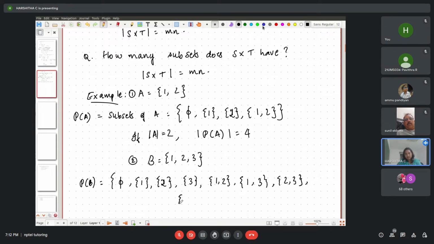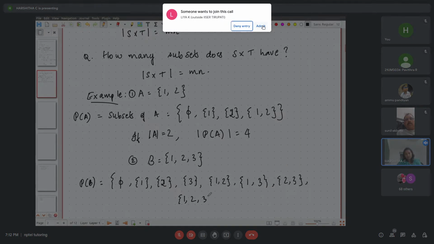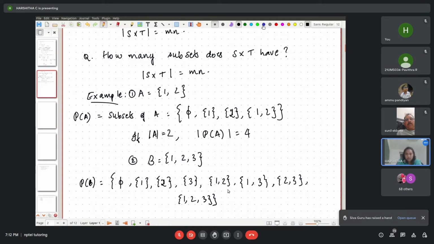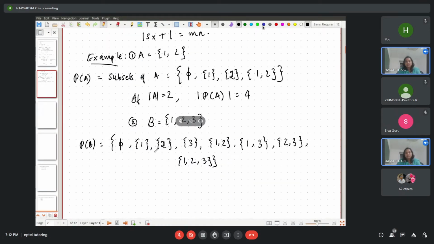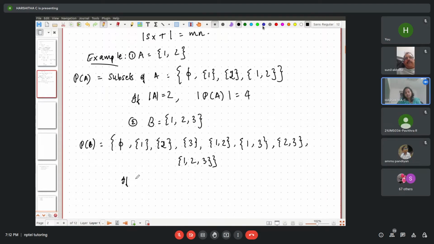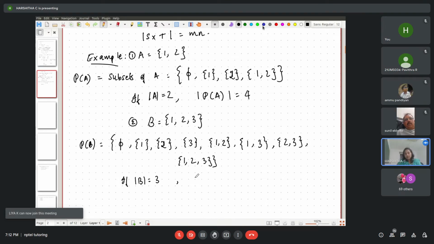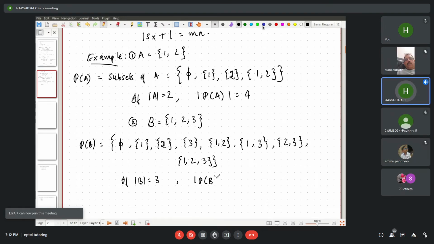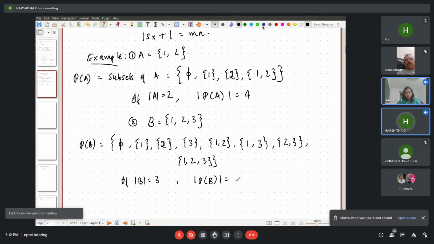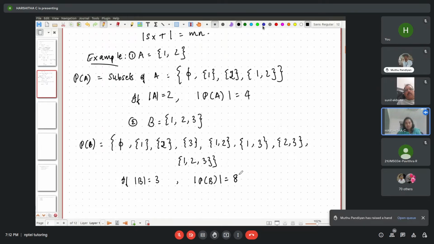And finally the whole set. So what did we get here? We started with a set of cardinality 3 and we got the cardinality of the power set as 8.